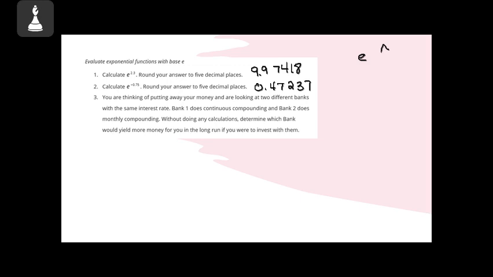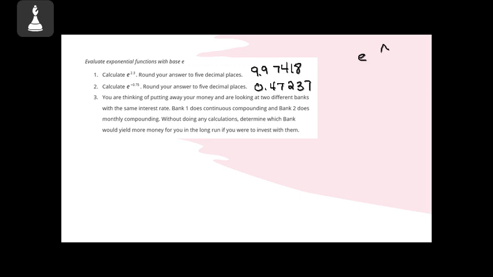So we're putting the same amount of money away, same amount of interest. Do you think you want interest calculated continuously or only one time a month? Well, one time a month means you're going to go that entire month with no gain. So then they'll calculate your interest at the end of the month, put it in, and then do that again at the end of the month and put it in.